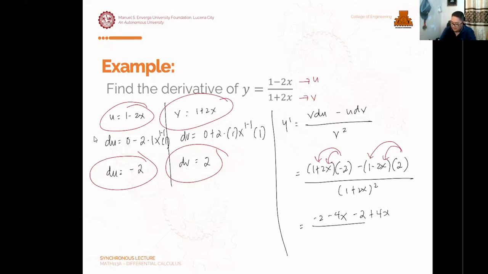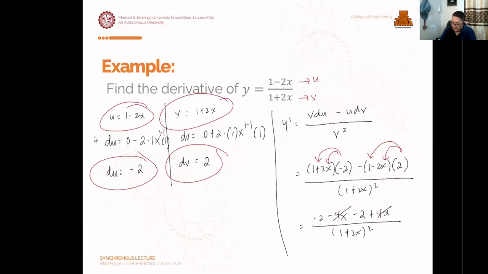So, this will be over 1 plus 2x squared. So, baka doon nagkakamali yung iba, no? Kapag may minus dito, nalilimutan natin i-multiply yung negative na sign na yun dun sa whole term natin dito. So, be careful with that. Okay? So, dito, pwede natin cancel out yung 4x kasi 0 yun.